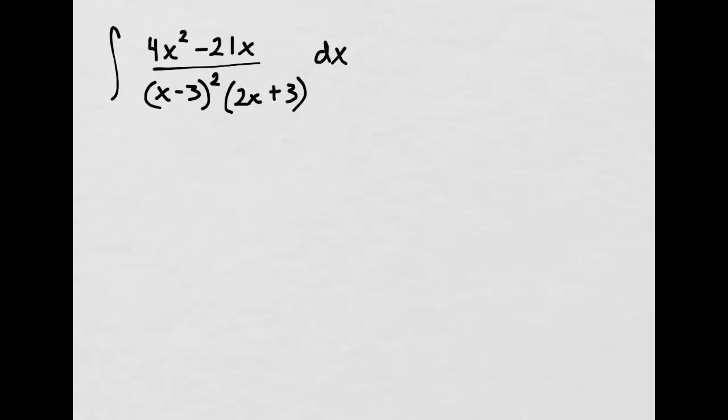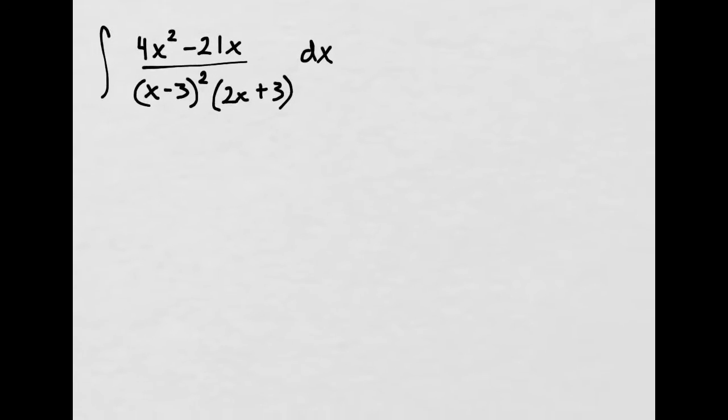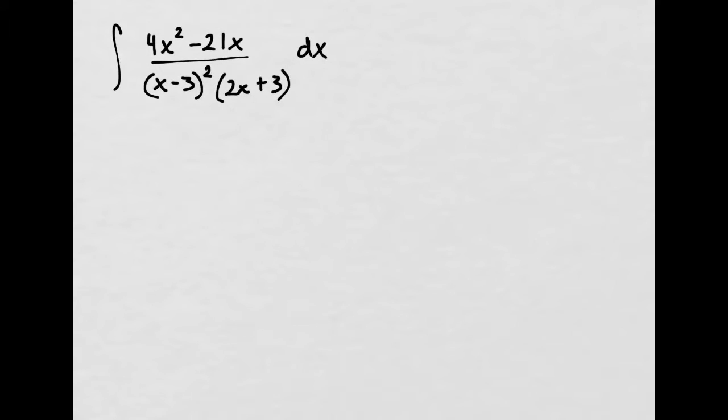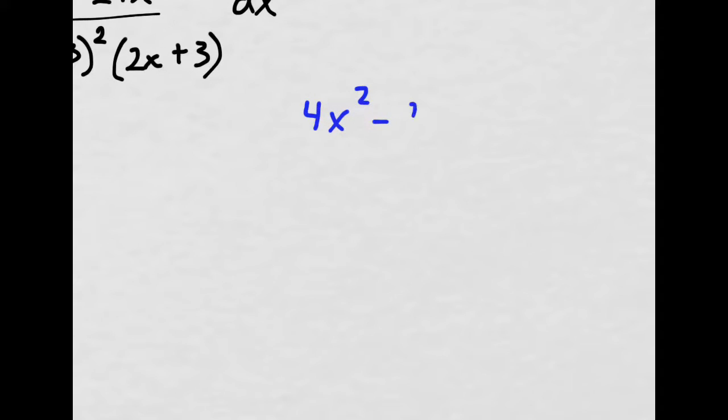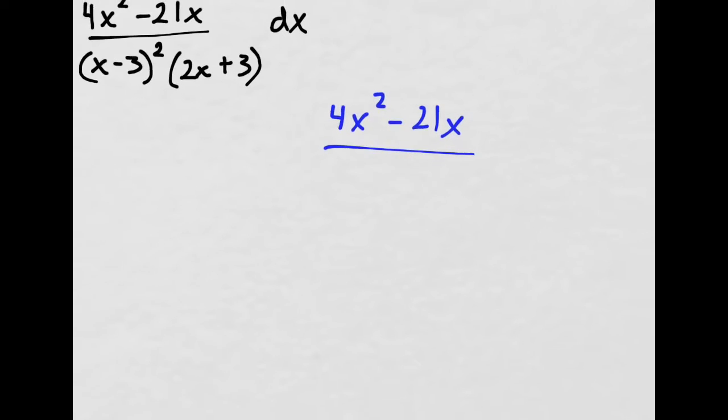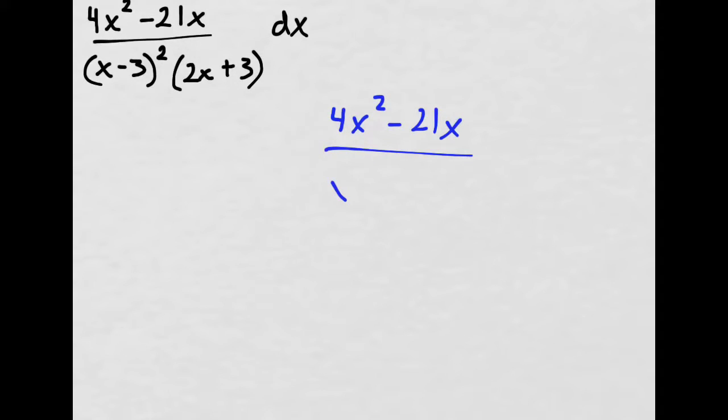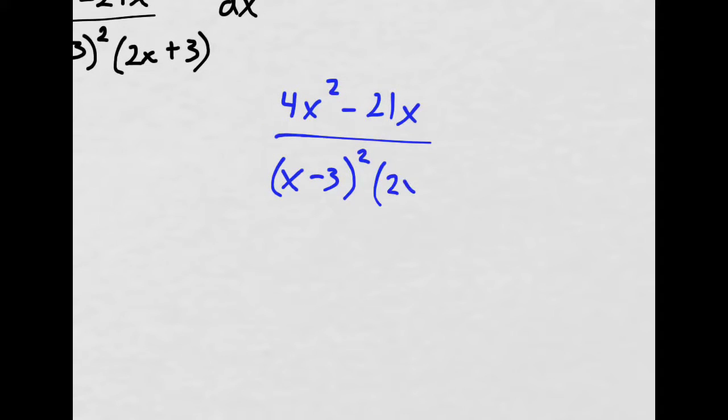So what I'm going to do is do it in blue, because it rhymed. And I would have 4x squared minus 21x. I mean, I'm just rewriting this. And yeah, x minus 3 quantity squared times 2x plus 3.